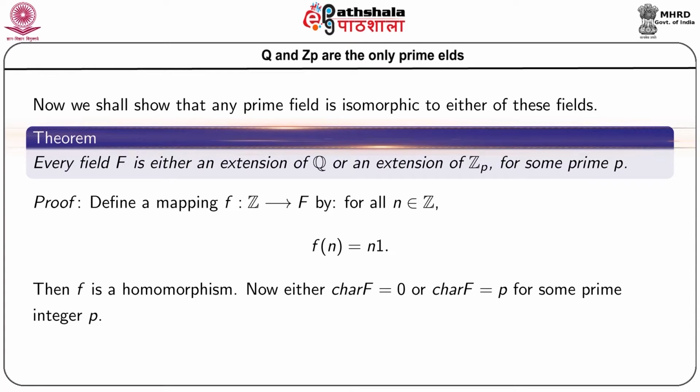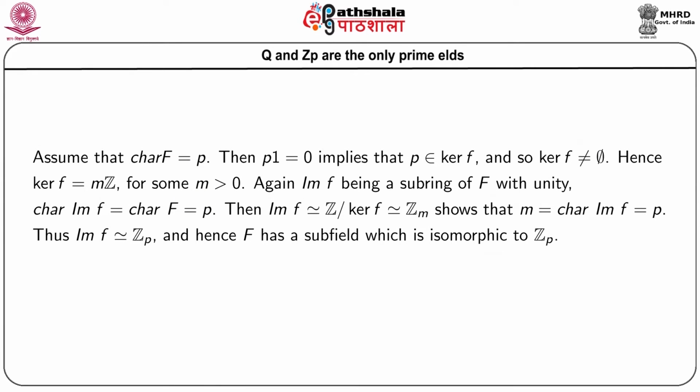Then f is a homomorphism. Now, either the characteristic of F is 0 or it is a prime p. First assume that the characteristic of F is a prime p, then we have p1 equal to 0, which implies that p belongs to the kernel of f, and so the kernel of f is non-empty.